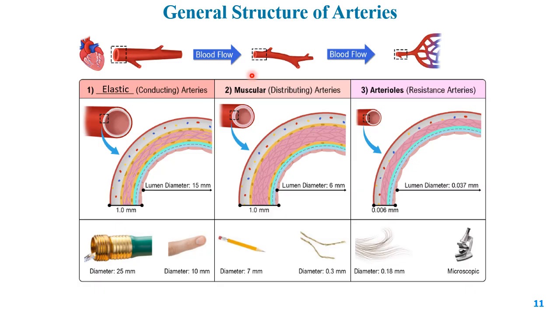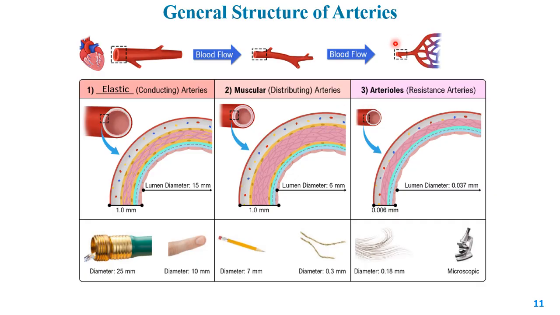And no, you don't have to memorize the names here, but you should know the basic things of what they're doing, right? They're distributing the blood to the organs. So with your muscular arteries, you are going to have a very pronounced tunica media, and you're still going to have relatively large arteries, from the size of a pencil down to the size of strings.